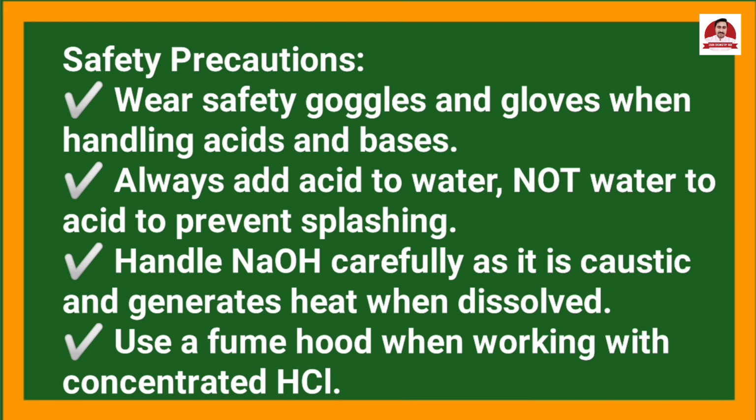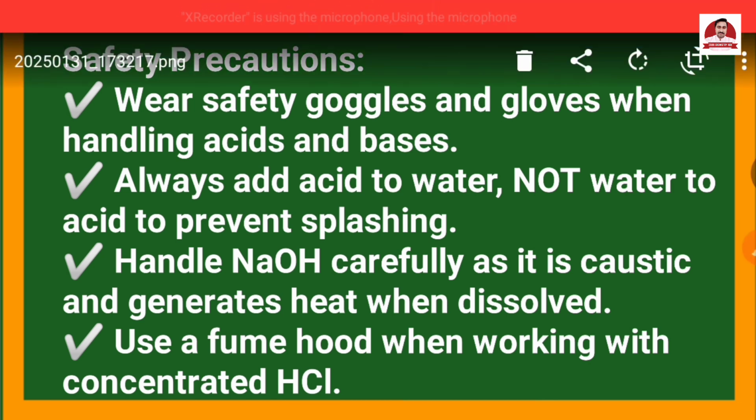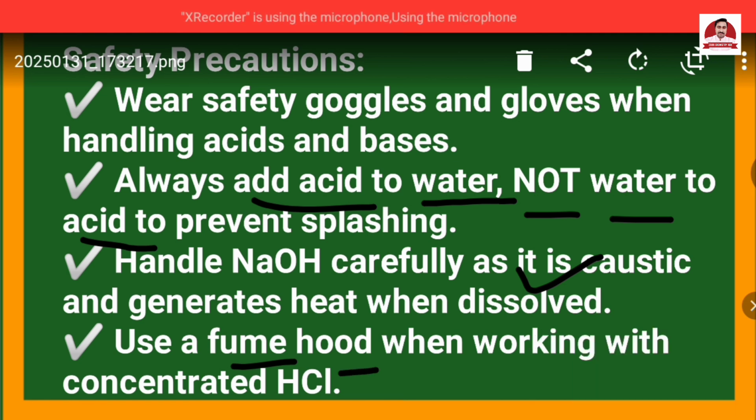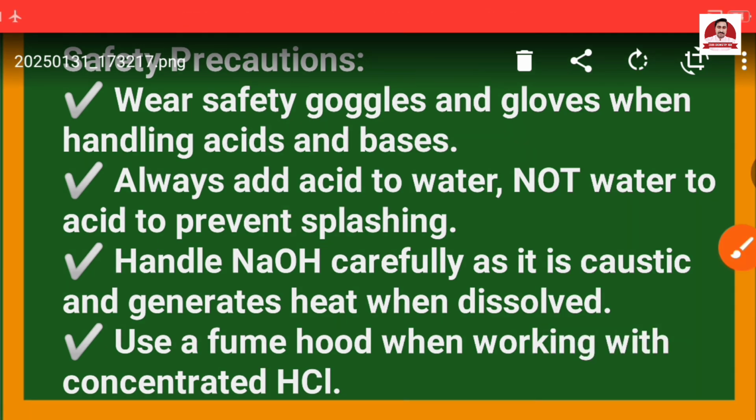Next, always add acid to the water, not water to the acid. That is the general rule for dilution of acid and base. Handle the sodium hydroxide carefully as it is caustic and generates heat when dissolved. And the final precaution is that we have to use the formula when working with concentrated hydrochloric acids.